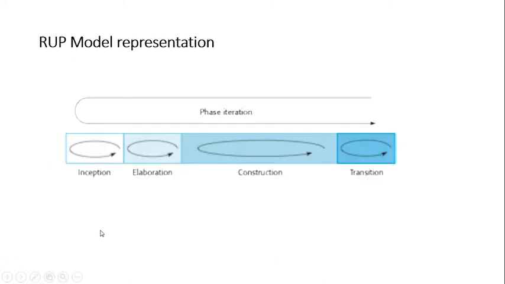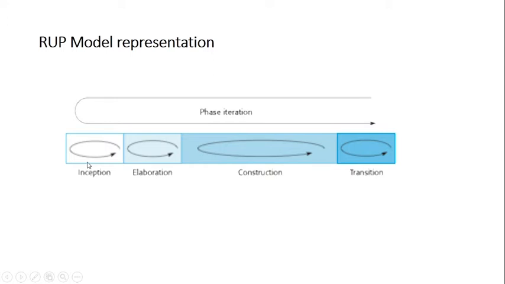All these 4 phases are iterated, they are repeating over a span of time. So this is your dynamic perspective. While within a phase, there are those 9 workflows or activities that are working. Here also 9 activities are working. Here also, and here also. So these 9 activities are also iterated.